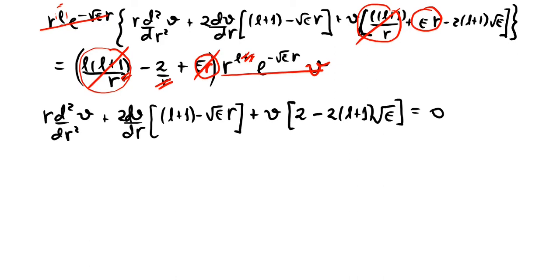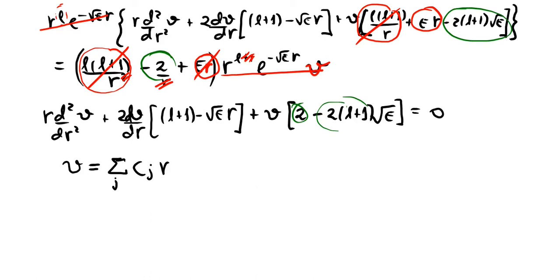So just notice that these 2 here is actually this one, and this term here is actually this one, right? So this is the equation that I have to solve, and in order to solve that, I'm going to go for a solution that is in the form of a series, a power series. So I'm going to make a summation over j, c_j, r to the power of j. I'll get something like that.